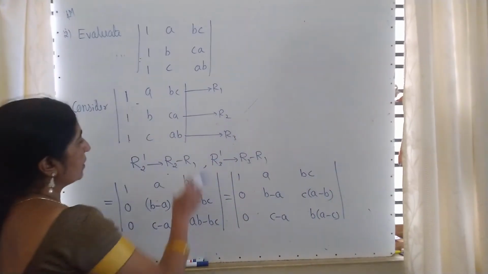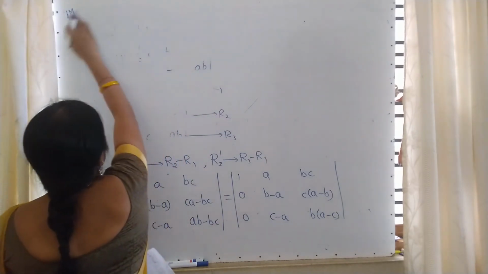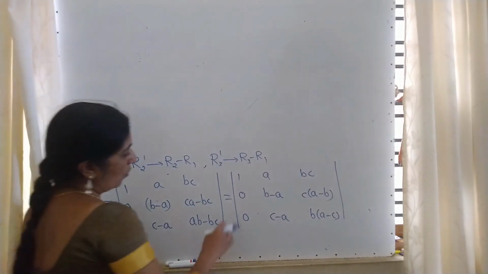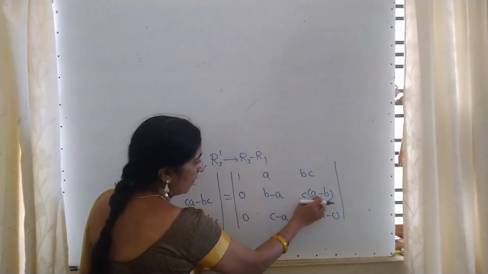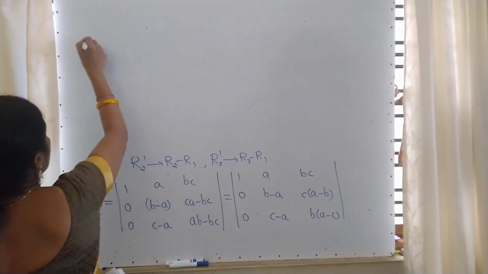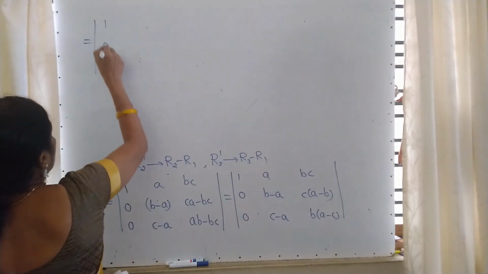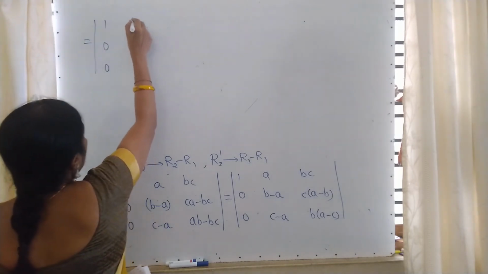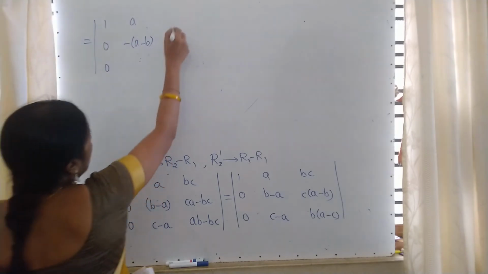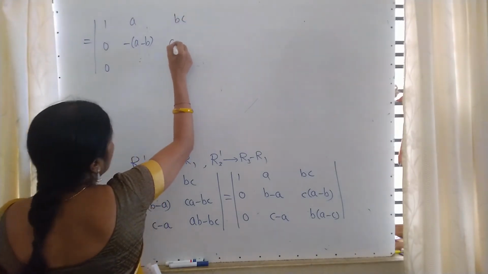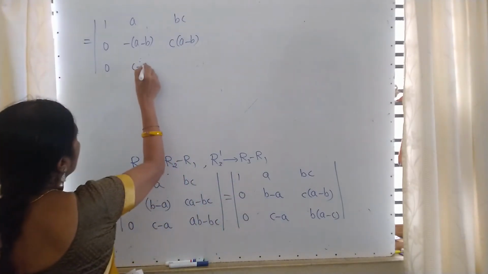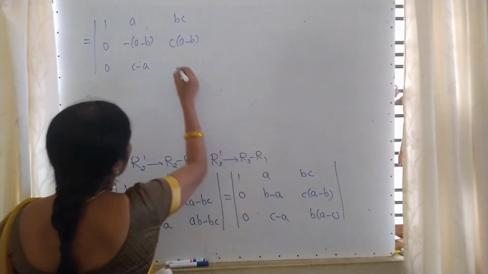And remember students, here in the second row and third row what you are observing? See, in the second row 0, B minus A, minus A minus B. So again for your sake only I am writing one more step. 1 0 0, A. Can we write this as minus, taking minus common, A minus B? It is BC, C common, A minus B. And this is C minus A. Here I took minus common.